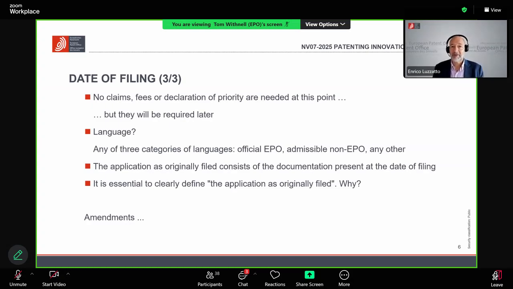That's why I was saying you might file your claims 2 months later, within 2 months after having filed your documents. But those claims will need to be perfectly within the boundaries of the description you have provided beforehand. That's the point. Next slide, please, Tom.